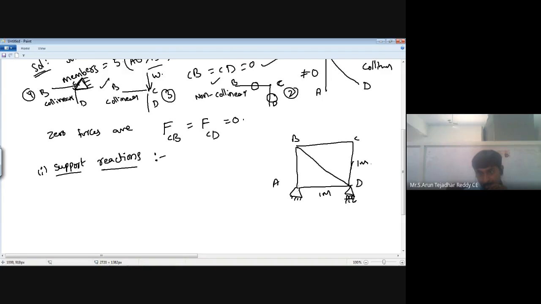See here, at point A one support is acting, and at point D one more support is acting. At point A it is a hinged support, so two forces are acting. And at D it is a roller support, so only one reaction is there.